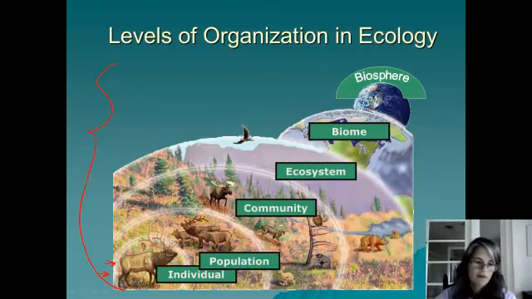So we are going from most specific to most broad, and from a simpler level of organization, although certainly individuals are far from simple, to the most complex, encompassing the greatest number of parts.